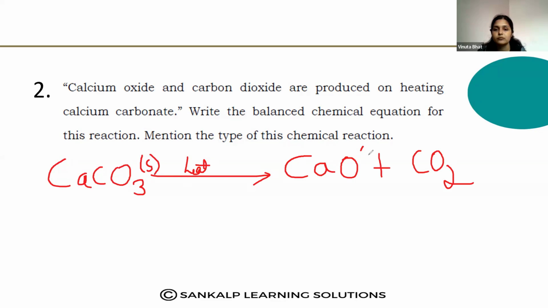Solid state. Okay, this is the balanced chemical reaction of calcium carbonate. When it is heated, it forms calcium oxide and carbon dioxide. Mention the type of this chemical reaction. This is the decomposition reaction.